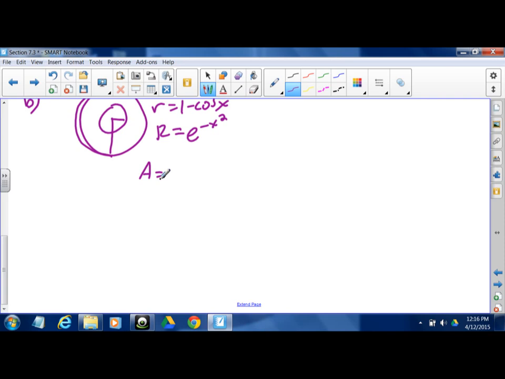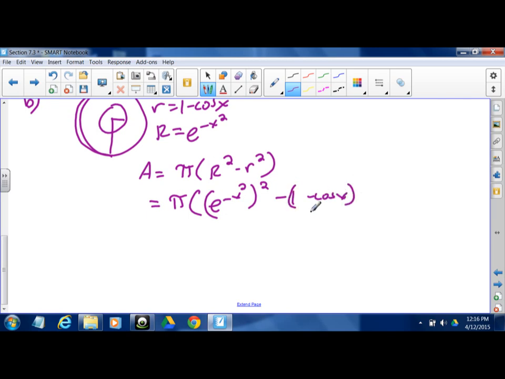The area is going to be pi factored out, big R squared minus little r squared, which is e to the negative x squared, squared, minus 1 minus cosine x, squared. Sorry, still finding just area, not integrating yet. All right, this whole string is the area of my slice that I've just created.